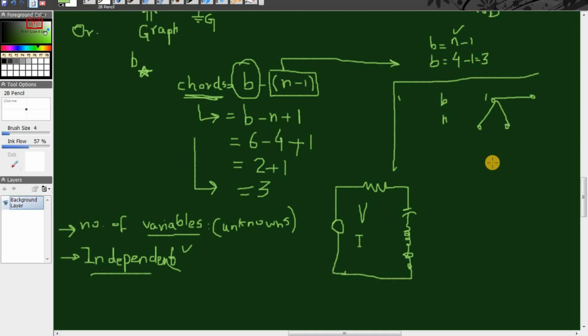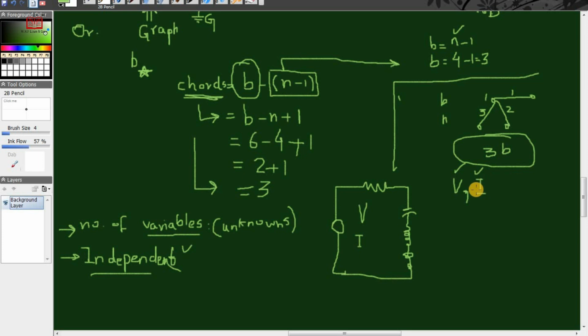For example, we have b branches. Suppose this is the first branch, this is the second branch. In our case, let's suppose we have 1 2 and 3, so 3 branches, and we need to calculate the voltage and the current for all the branches. Both need to be calculated for each branch. What does it mean?